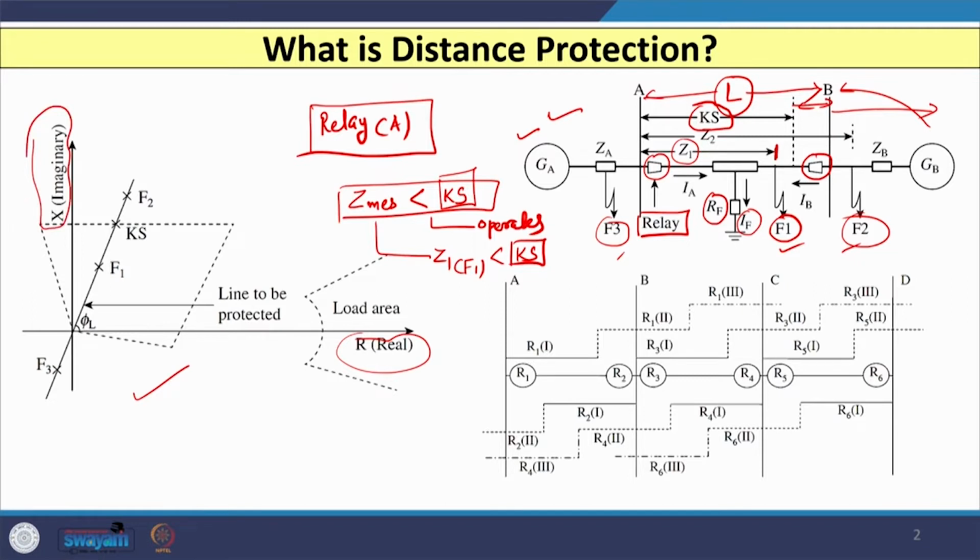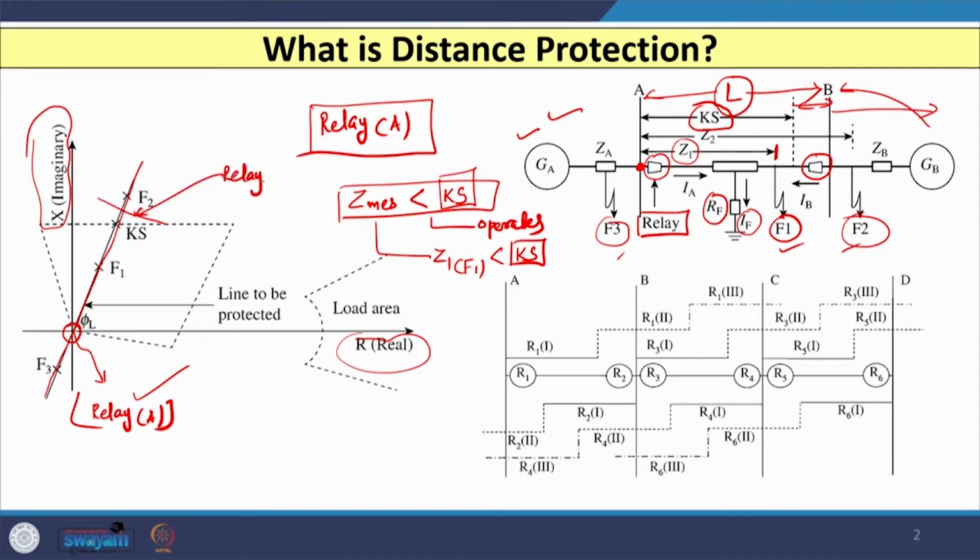The line to be protected is shown by this hard line, and this is the origin. This point is the place where relay A is located, and relay B is located at the opposite end, somewhere here at this point.